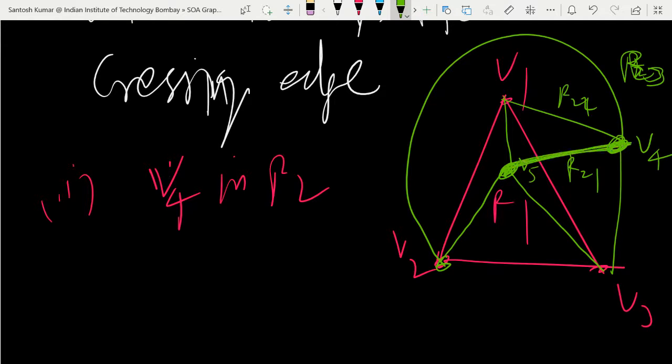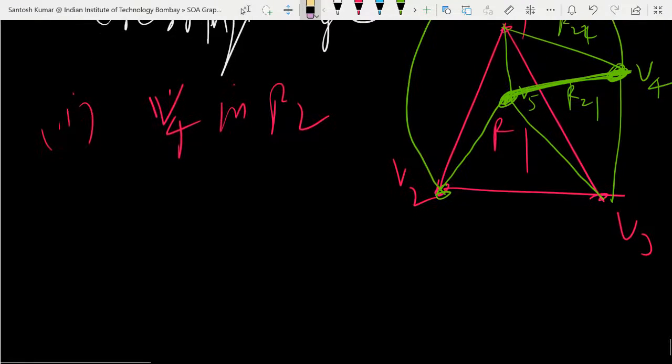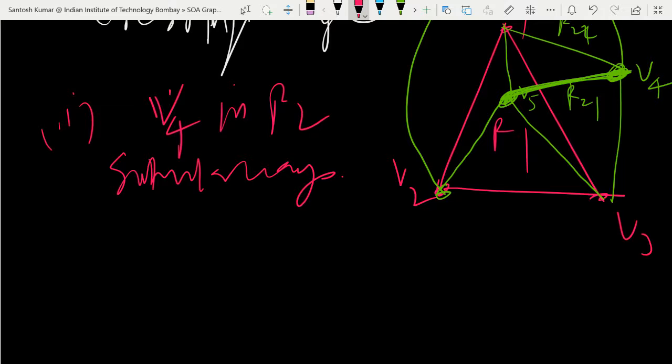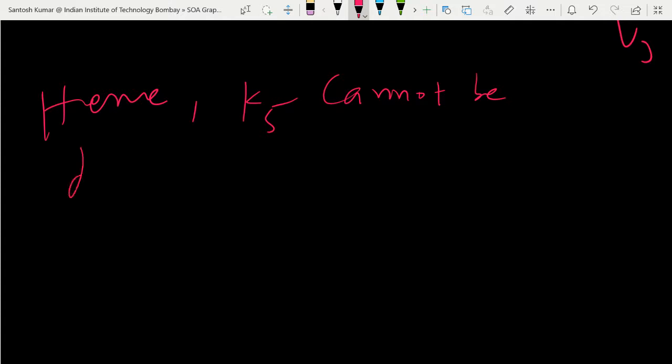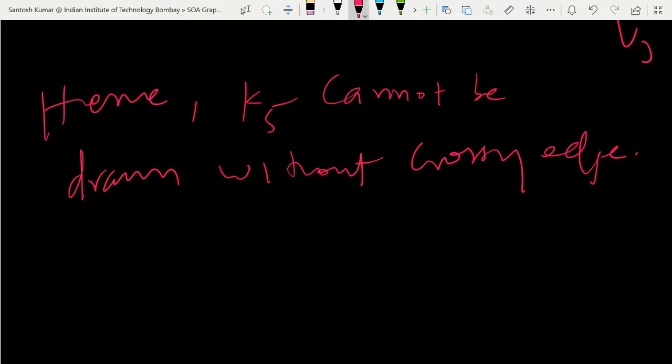There is no way, you have to cross, or anywhere you take. So that's why we conclude, similarly you can write other cases. Hence we conclude K5 cannot be drawn without crossing edge.